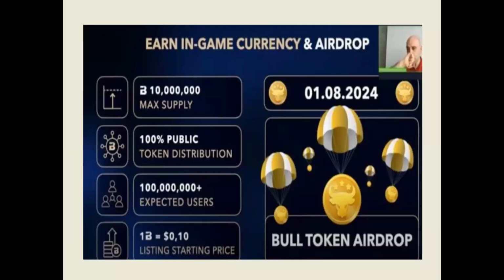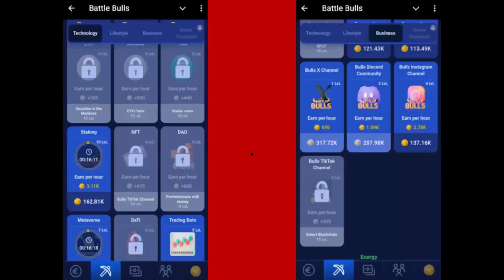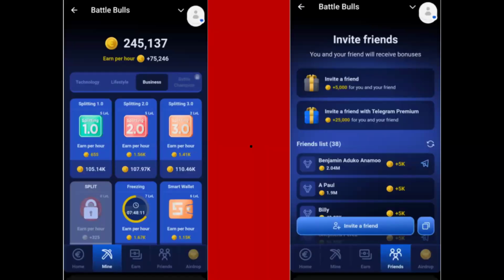Now, most importantly, these are some details that you need to understand, that we are actually going somewhere, because at the end of it, if you keep amassing coins here, it is not helping you in any way. What the company is going to consider in giving you exchange tokens is the quantity of coins that you are earning per hour.